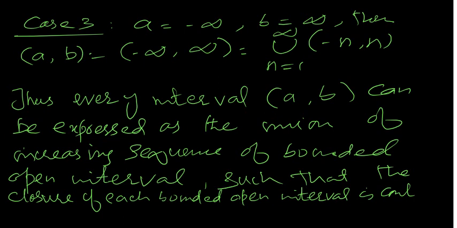So let's take any point, let x be less than x naught. Then I want to find the difference f of x naught minus f of x.